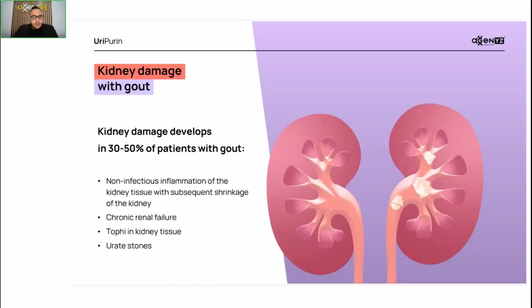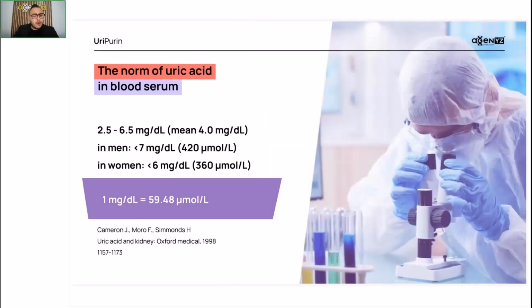Kidney damage develops in 30 to 50% of patients with gout, and it is a non-infectious inflammation of the kidney tissue with subsequent shrinkage of the kidneys, chronic renal failure, tophi in kidney tissue, and urate stones. And here are the normal levels.